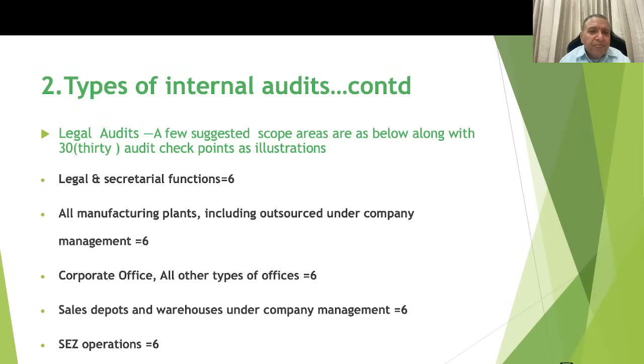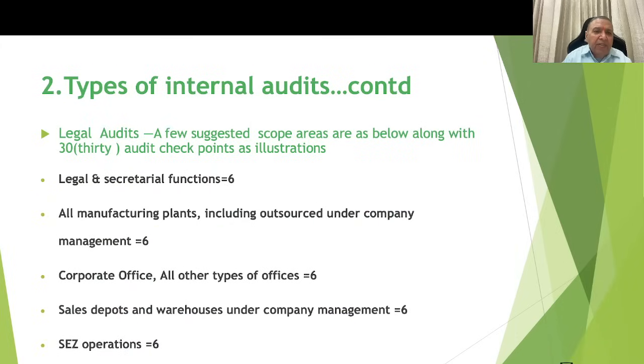Legal audits. A few suggested scope areas are legal and secretarial functions, all manufacturing plants, including outsourced under company management, corporate offices, all other types of offices, sales depots and warehouses under company management, and SEC operations, the legal aspects within these areas.